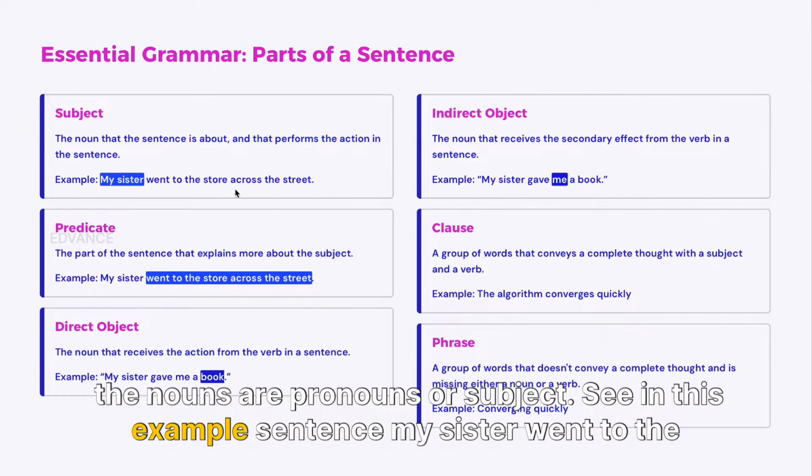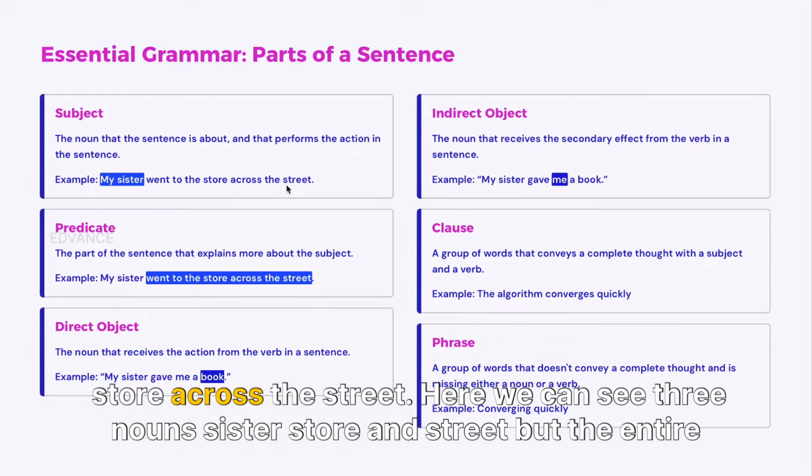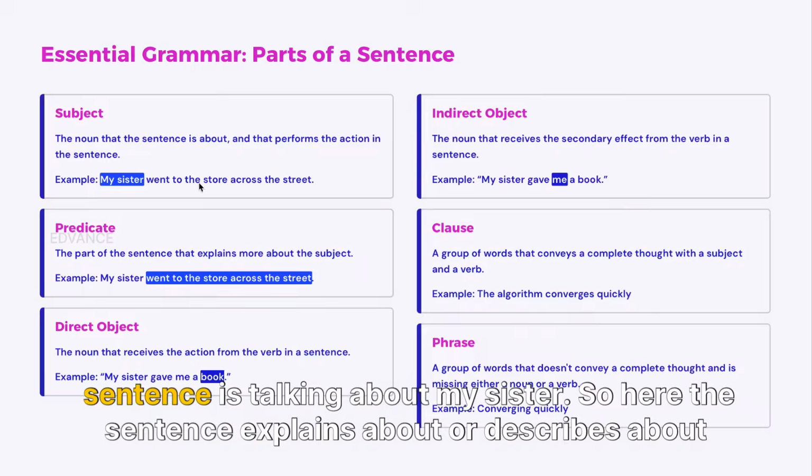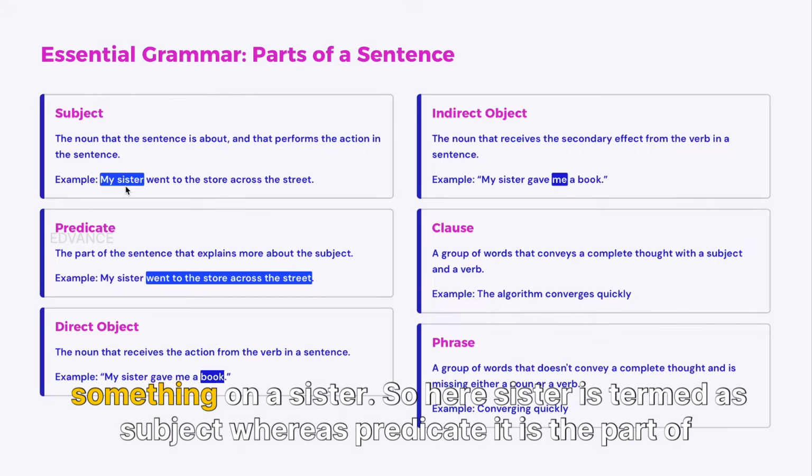See, in this example sentence, my sister went to the store across the street. Here we can see three nouns: sister, store and street. But the entire sentence is talking about my sister. So here the sentence describes something about sister. So here sister is termed as subject.